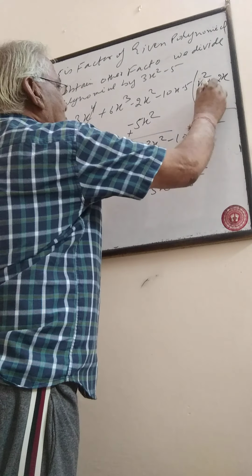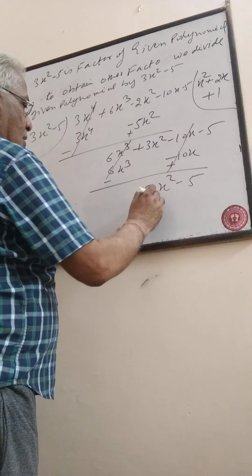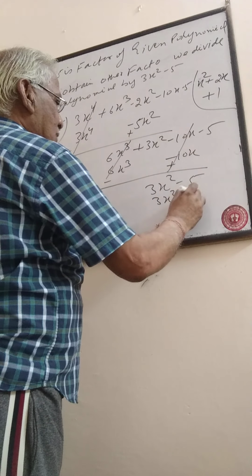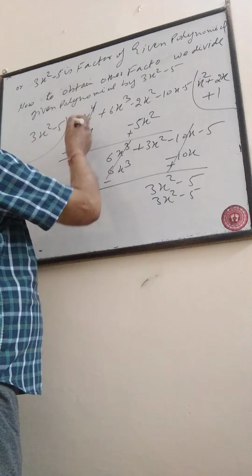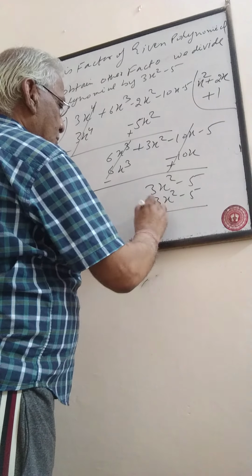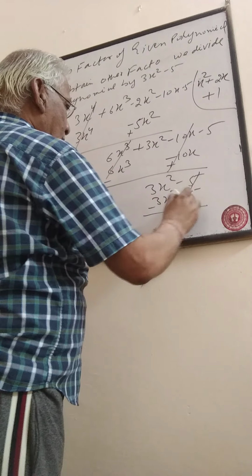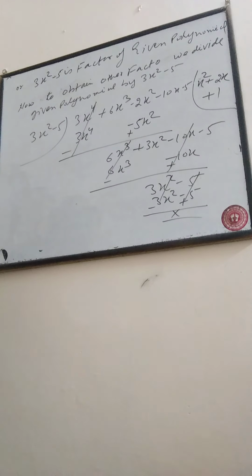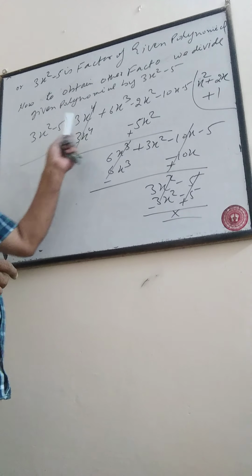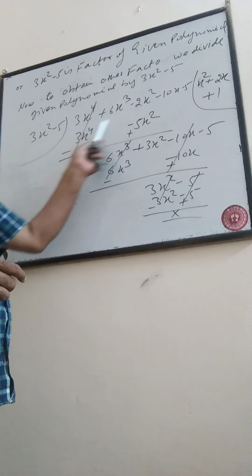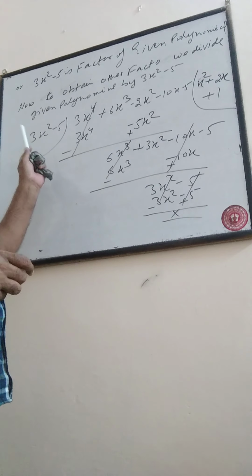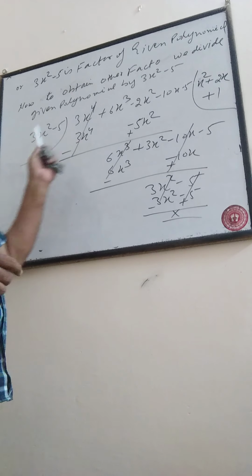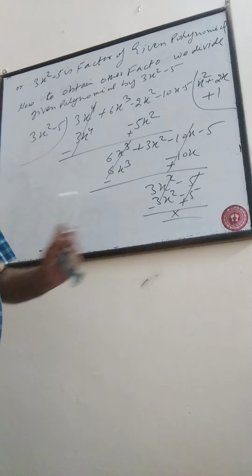So take plus 1 here. 3x square minus 5. 1 three is 3, 1 five is 5. Change the sign, these two cancel, and the remainder will become 0. As 3x square minus 5 is a factor of this polynomial, on dividing this polynomial by 3x square minus 5, you get remainder 0.